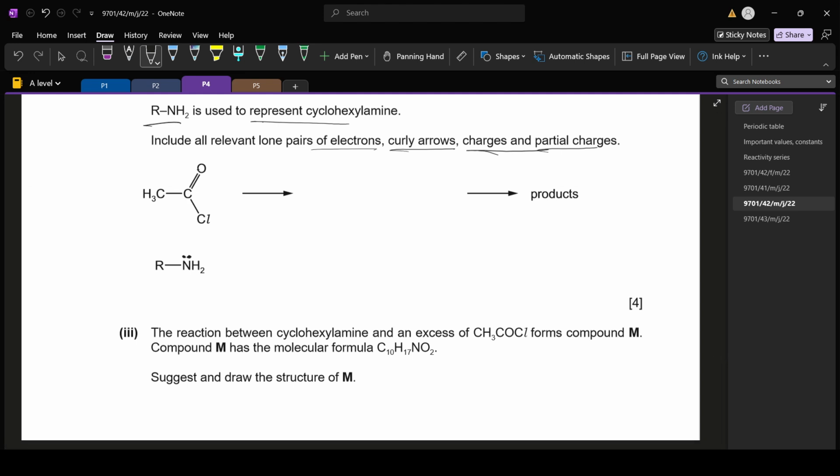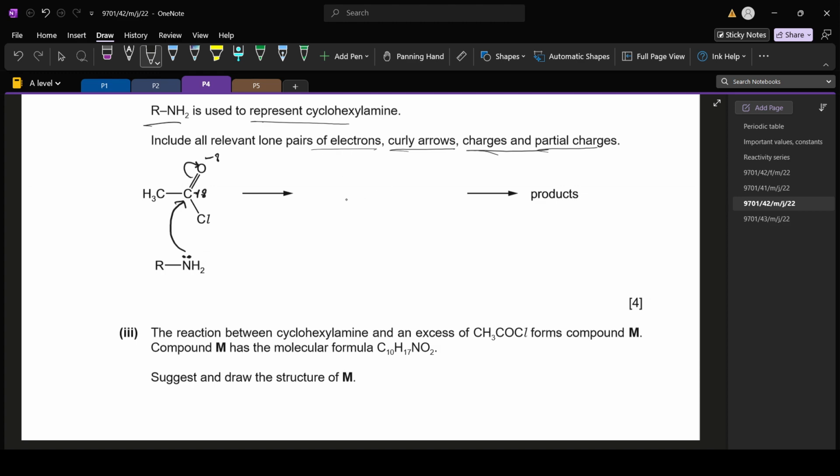Why? Because this oxygen is more electronegative, so it will attract electrons more. So it will be partial negative, and the carbon will be partial positive, and this partial positive carbon is attacked by the lone pair of nitrogen in cyclohexylamine.